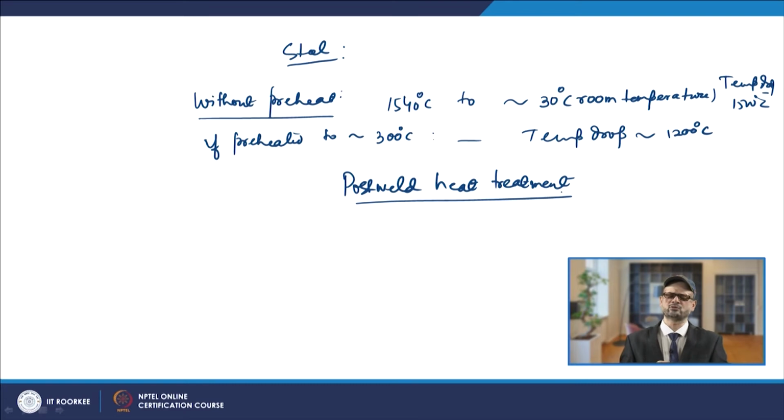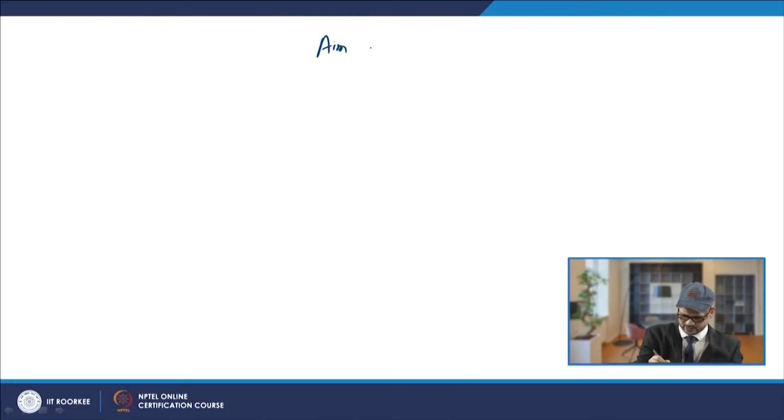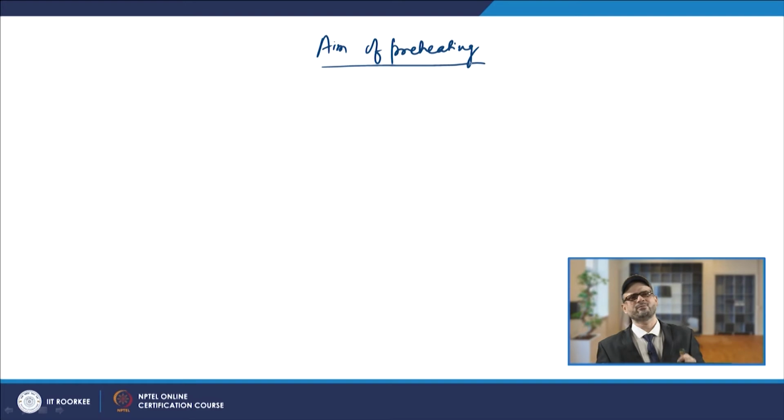Now, if we talk about the aim of preheating, let us summarize the points we discussed and look at other points also. Apart from what we discussed, when we see the weld metal zone, you will be having heat losses from the weld area.